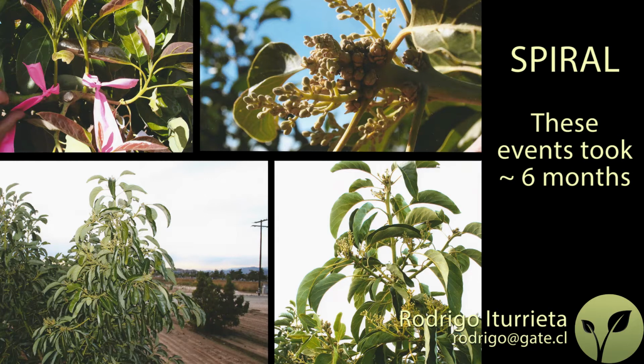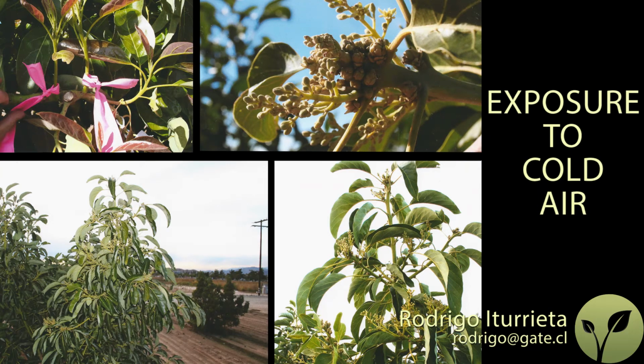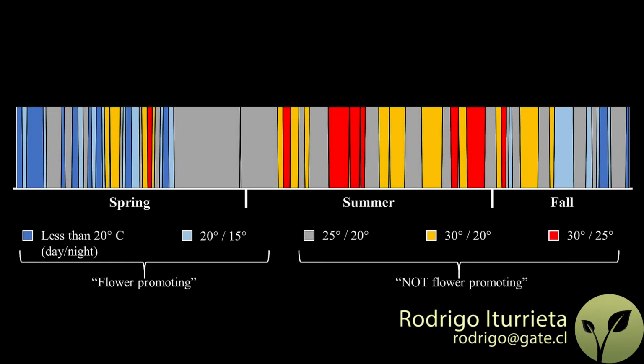You may have encountered the model that avocados, just like non-persistent trees, need to go through a period of cold, basically a winter, to develop the flowers of a regular bloom. These studies found day and night temperature combinations that were flower promoting and others that were against this process.